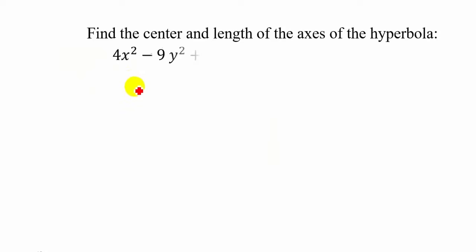Okay, let's see this equation. Right now we have this equation, and we want to get the center and the length of the axes of the hyperbola. So we need to get the general equation first.